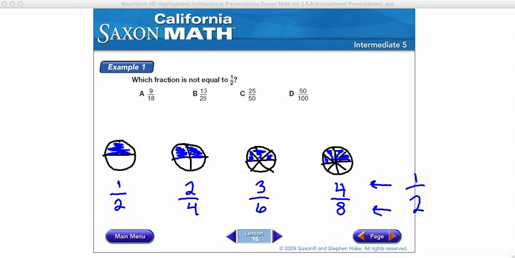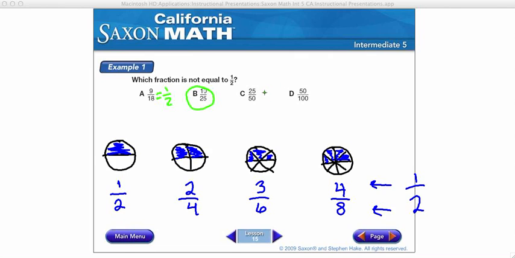So how do we use this to recognize fractions that are or are not equal to a half? Well, let's look up here at example number 1. Here we have A, 9/18. Well, 9 is half of 18, so this does equal 1/2. B, 10 is not half of 25. If I was to double 10, 10 times 2 is 20, not 25. So B is not equal to 1/2.